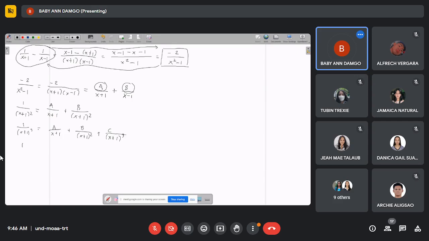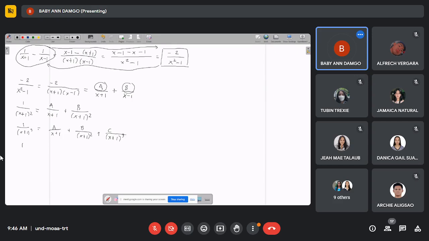Okay? So what if the trinomial has a power? We have 1 over x squared plus x plus 1 squared. This can be written as ax plus b over x squared plus x plus 1.